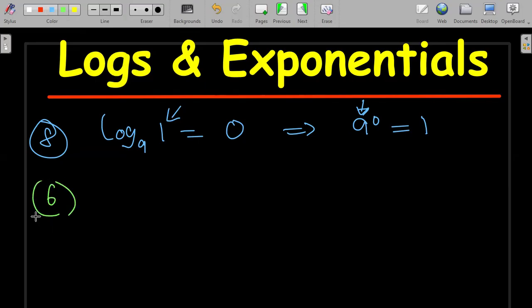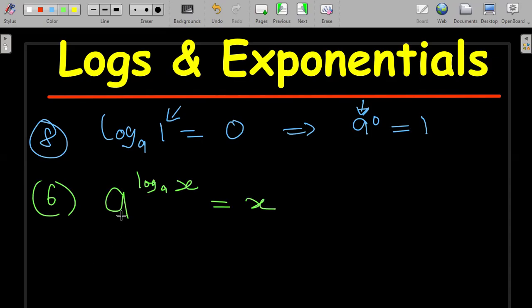Number 6. Guys, if you have any questions, please ask. The other one is a very interesting law, and they like putting it in the questions. They're saying that if I have a raised to the power log with base a of whatever I have here, maybe x, this is just the same as x.